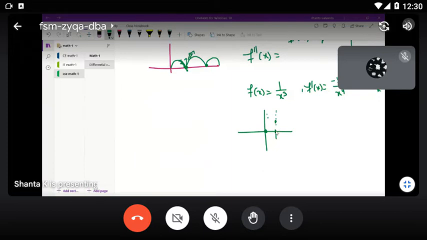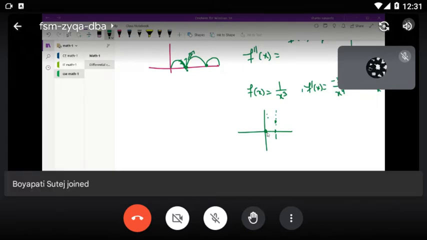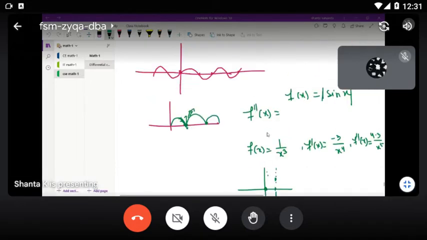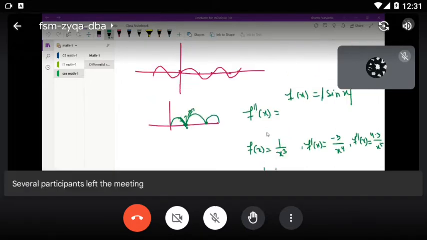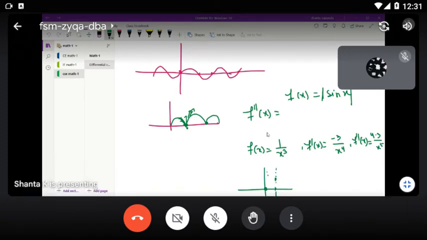If f dash x does not exist, can we say it is a point of inflection? In the previous example, f dash x is not existing, so there we can't. Can we find f double dash of x at the non-differentiable point? No.